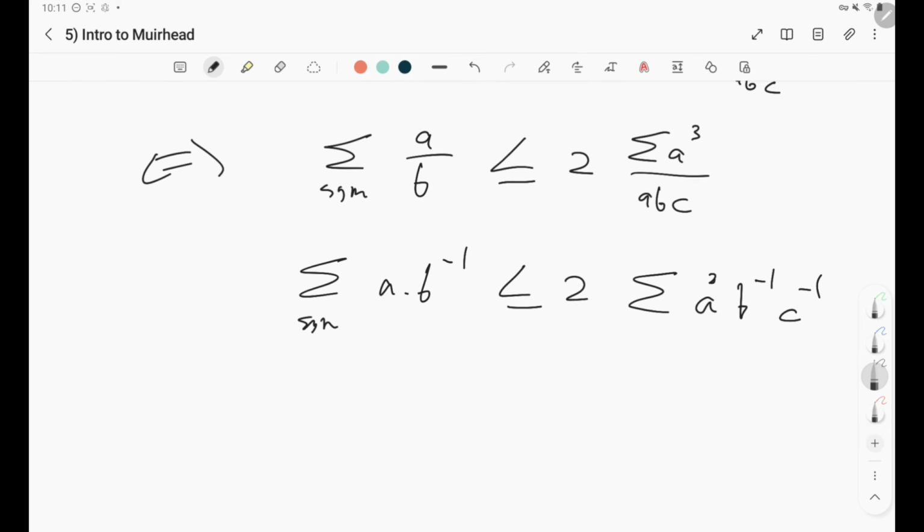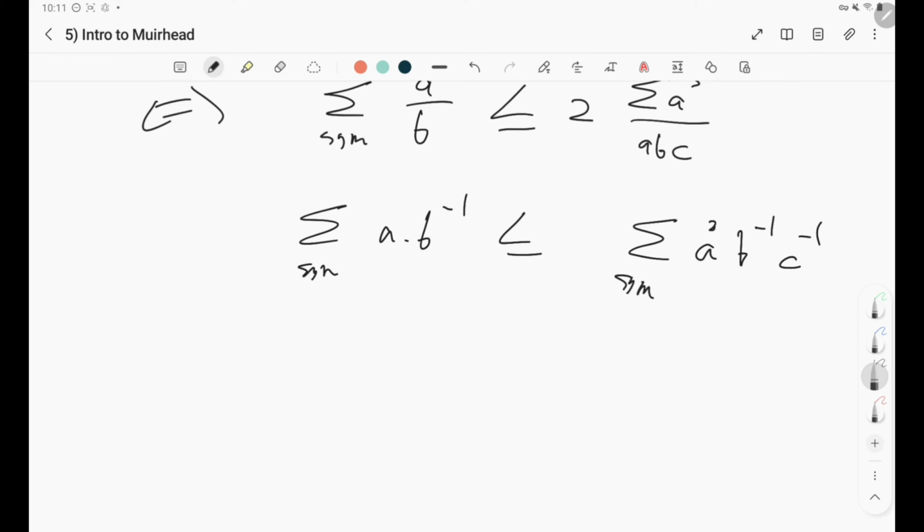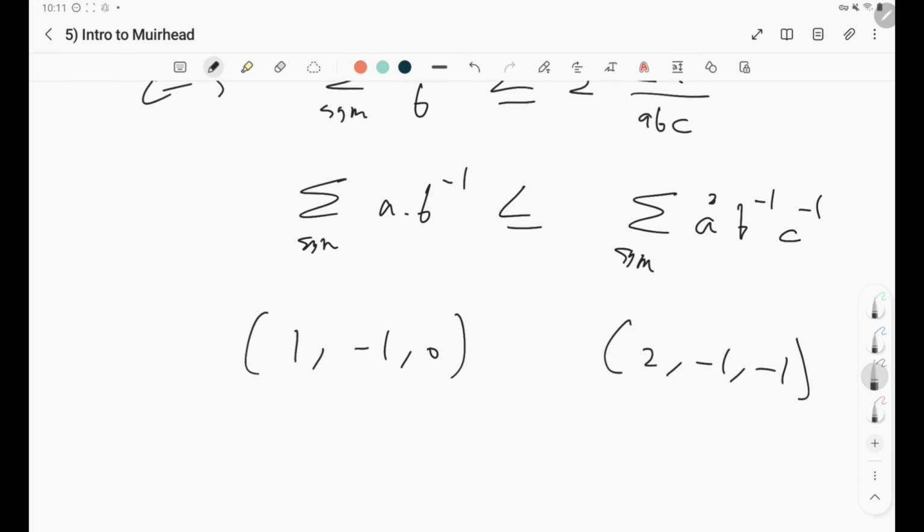Of course we have a 2 here, so we can delete this 2 and make this symmetric. Okay, now this is the perfect form for Muirhead. Let's just put the sequences. 1, negative 1, 0. And here 2, negative 1, negative 1.